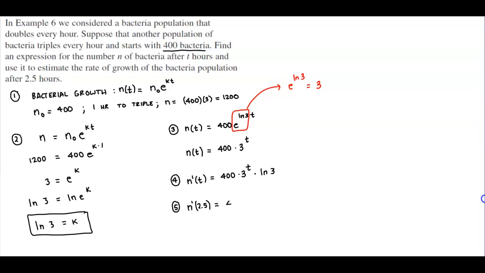So that's going to equal 400 times 3 to the power of 2.5 times the natural log of 3. And using our calculator, we get an approximate of 6,850 bacteria per hour.